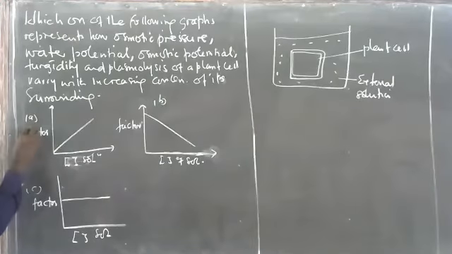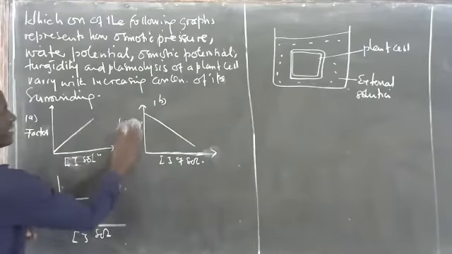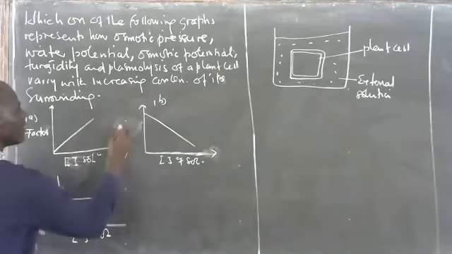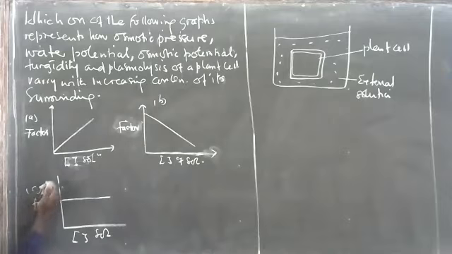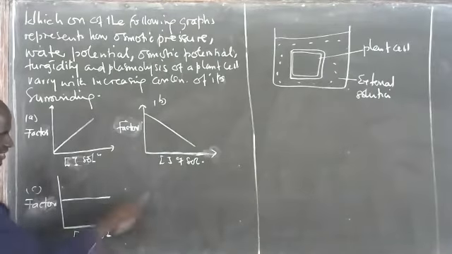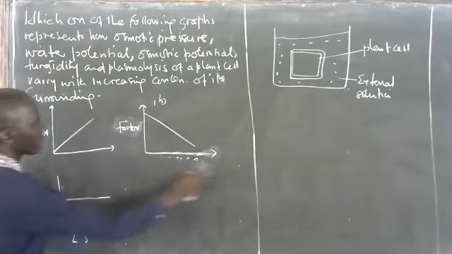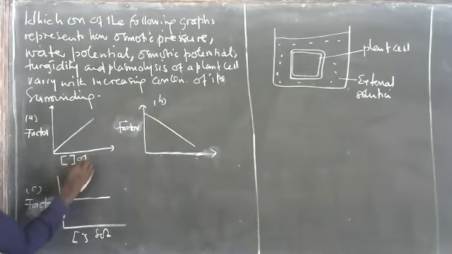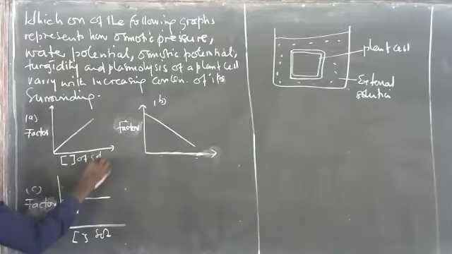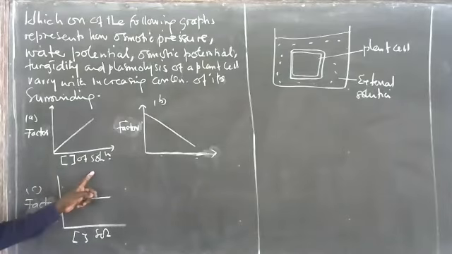This word is factor. Even this one means factor. Even this one means factor. And when I use this symbol here, I mean concentration of the solution. That word is solution.